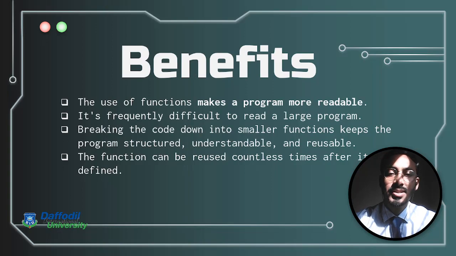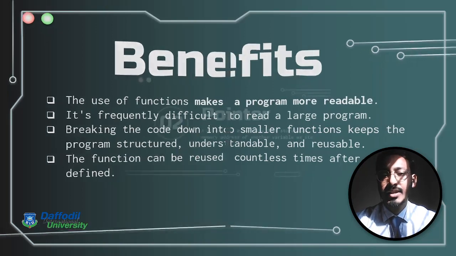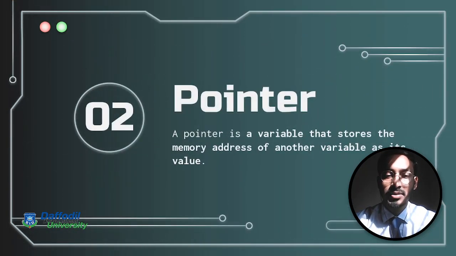Now let's jump into the second topic, which is pointer. So first of all, what is a pointer, right? A pointer is a variable that stores the memory address of another variable as its value.